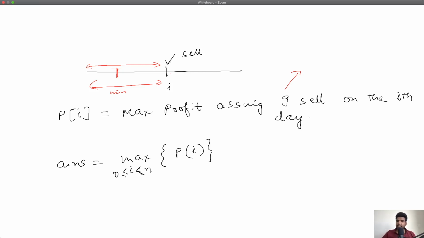So PI is nothing but array i, which is the price on the ith day, minus array j, where array j is nothing but the minimum of array 0, array 1, all the way till array i minus 1.